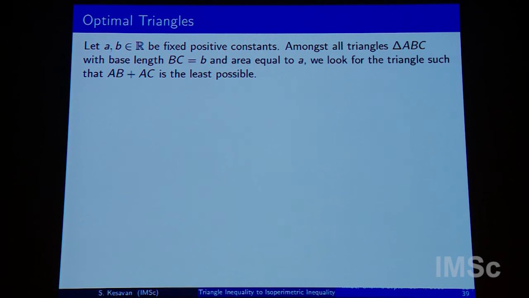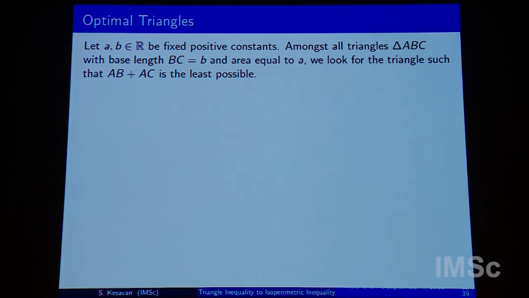Now we look at some optimal triangles. Let A and B be fixed positive constants. Amongst all triangles ABC with base length fixed as B and area fixed at A, we look for a triangle such that AB plus AC is the least possible.